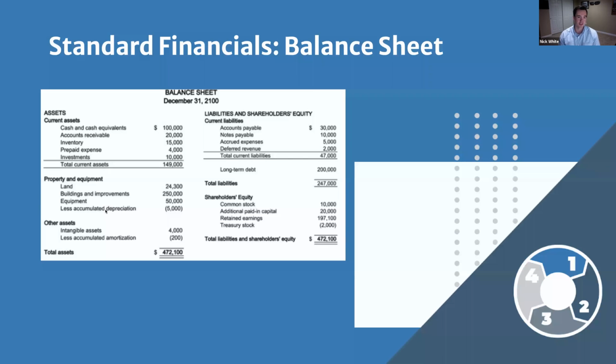That's just over time, the amount of depreciation that the assets have taken. And we have our other assets, which in this example are intangible assets. So there might be a patent on the books. But as you can see, our total assets equal 472,000. Then looking over at our liabilities section, we have our current liabilities of 30,000.